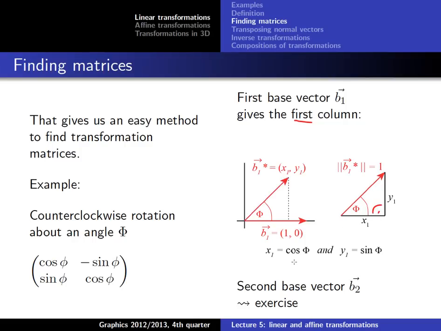That means we can describe the sides of the triangle with the cosine and the sine of phi. So the x is the cosine of phi, the y is the sine of phi, and this is exactly the first column here. So the cosine and the sine is exactly the image of the base vector when we apply the transformation to it, and that makes our first column.